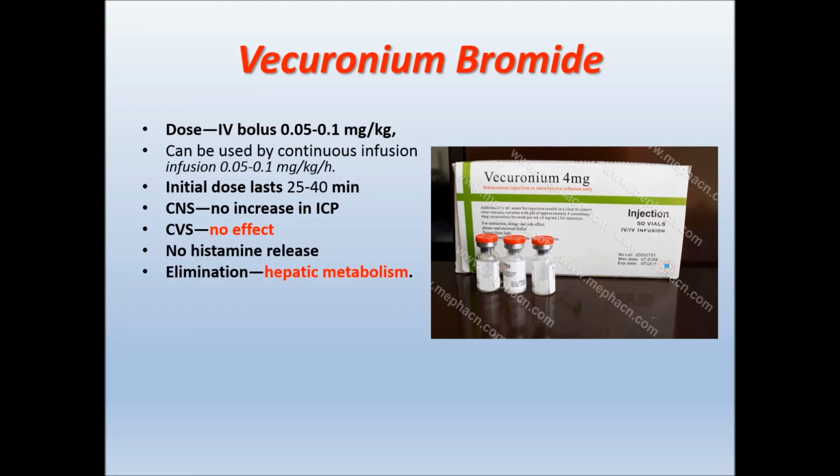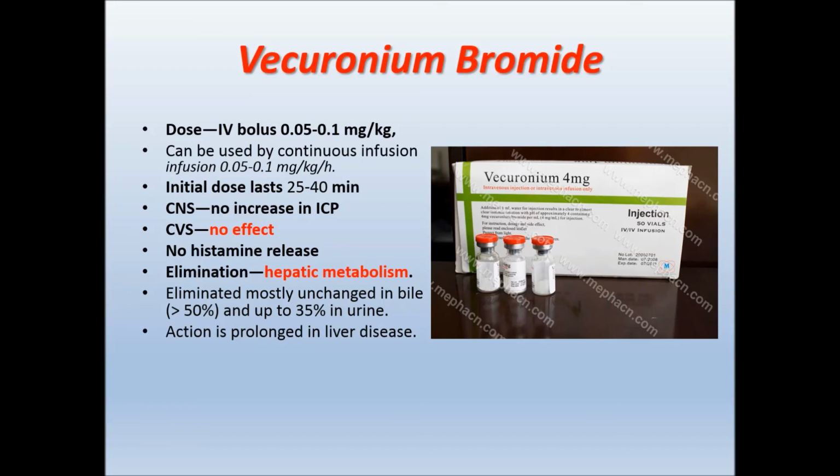Also, it does not cause any histamine release, but it is eliminated by hepatic metabolism. Eliminated mostly unchanged in bile and up to 35% in urine. So the action is prolonged in patients with liver diseases. It is suitable in patients with absent renal function.